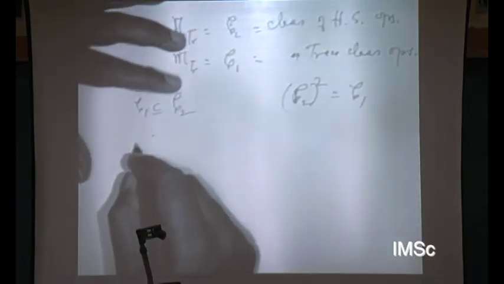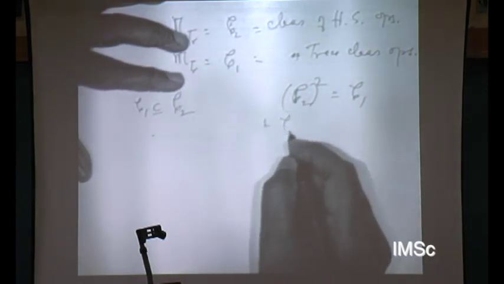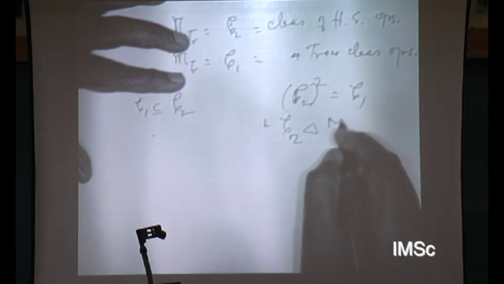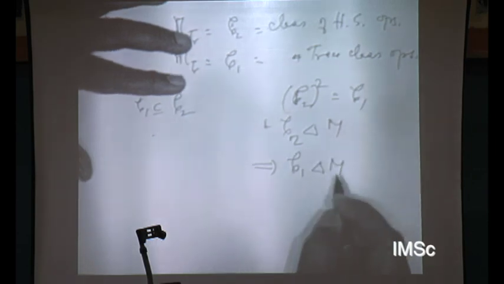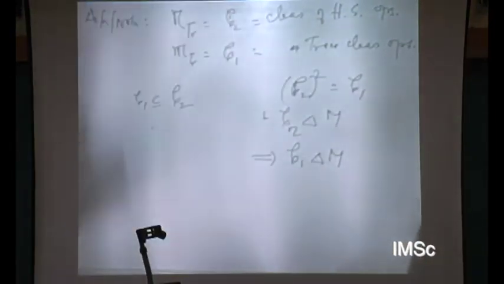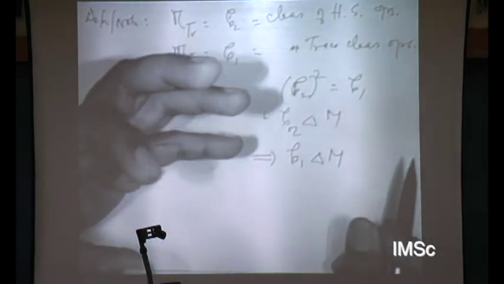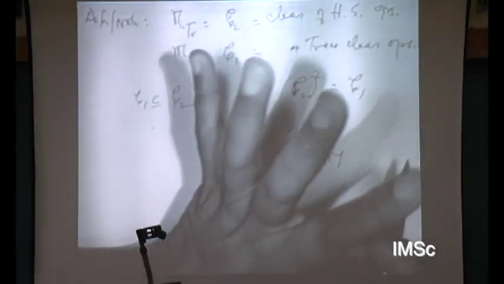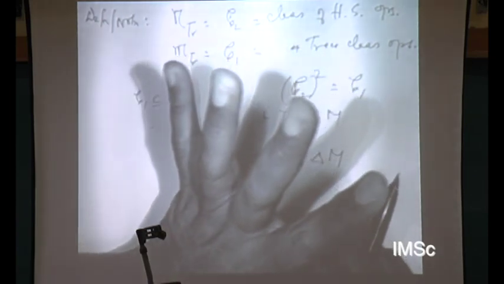So C2 an ideal in M implies C1 is an ideal in M. If I take anything in N, hit it on the left or right by anything, I'll stay in N. So if N is an ideal, then N squared is also an ideal, right?